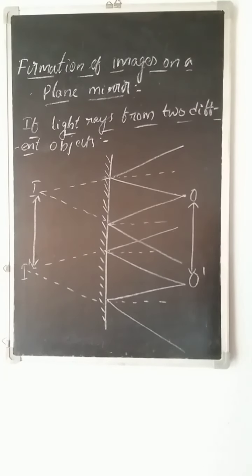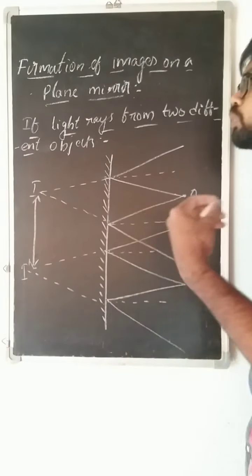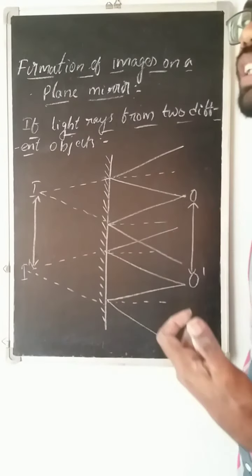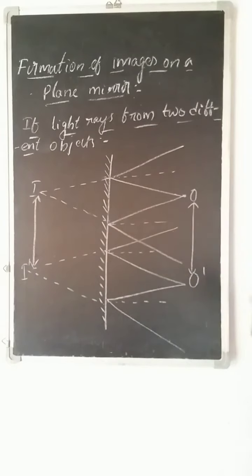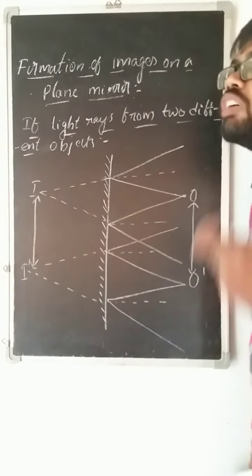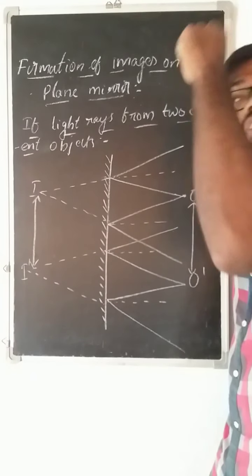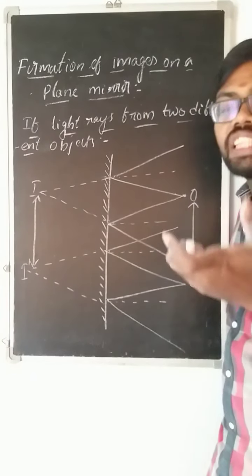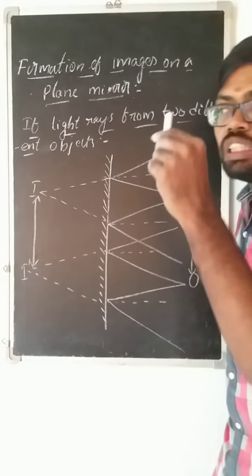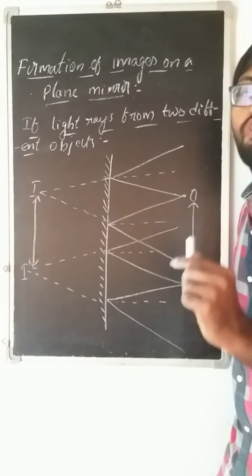Okay, now a small discussion about the characteristics of an image by a plane mirror, how it will be formed. I already told you. For example, if we consider a pen or pencil, characteristics of the image of a plane mirror means, if we keep a pen or pencil in front of the mirror, then what will happen?